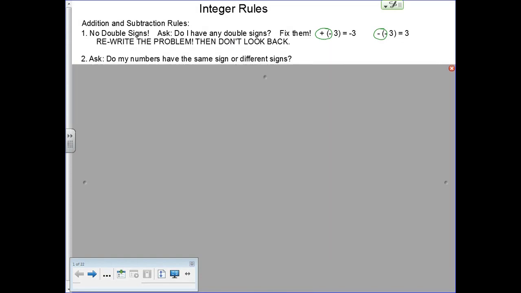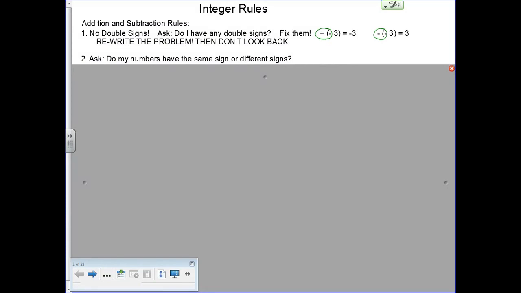Step number 2 is to ask yourself, do my numbers have the same sign or different signs? Once you've changed those double signs, I want you to think of each number as a number with a sign. If there's nothing in front of the number, it's positive. If there is a negative sign to the left of it, it's negative.